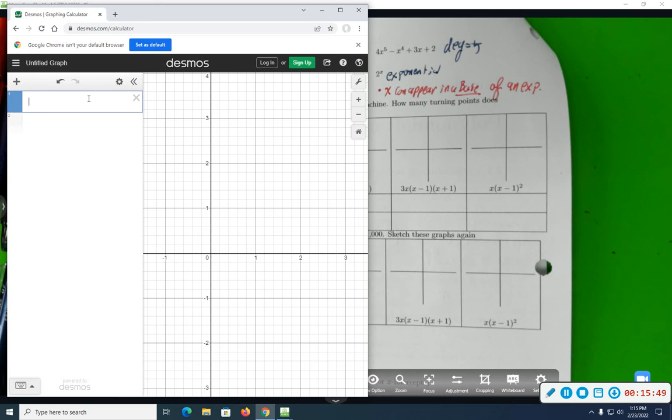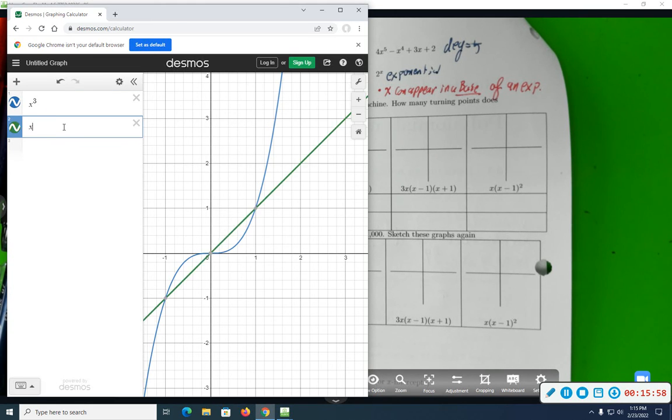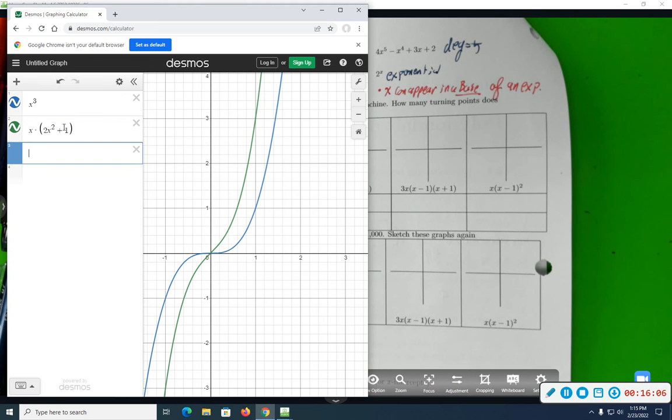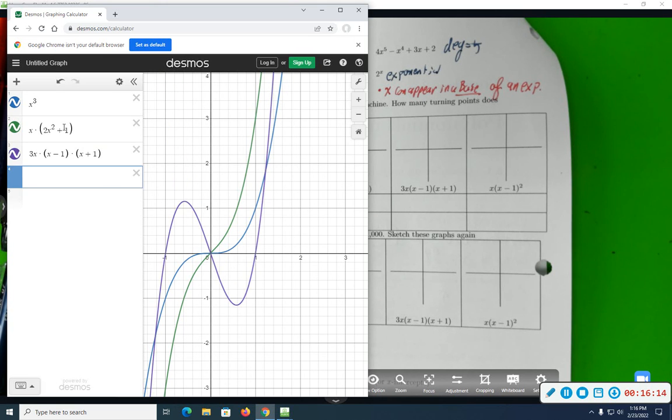I'm going to pull up graphs of those polynomials. x cubed, x times 2x squared plus 1, 3x times x minus 1 times x plus 1, x times x minus 1 squared.